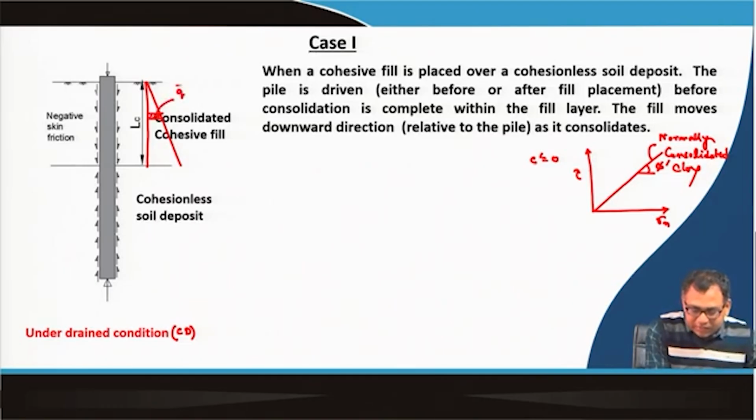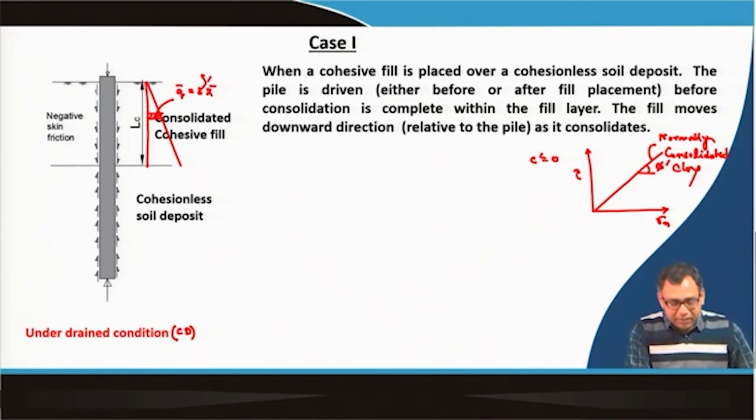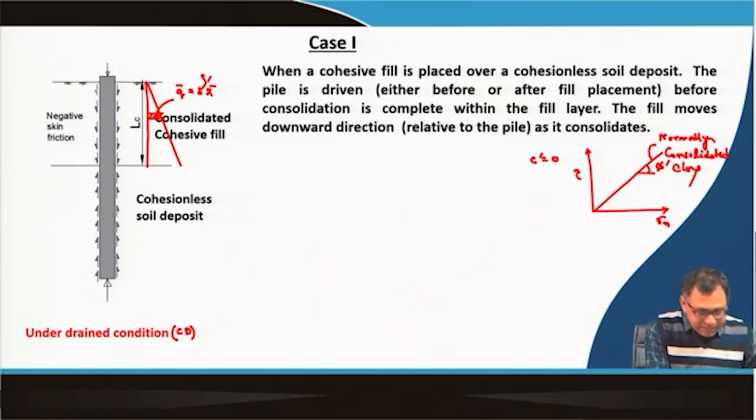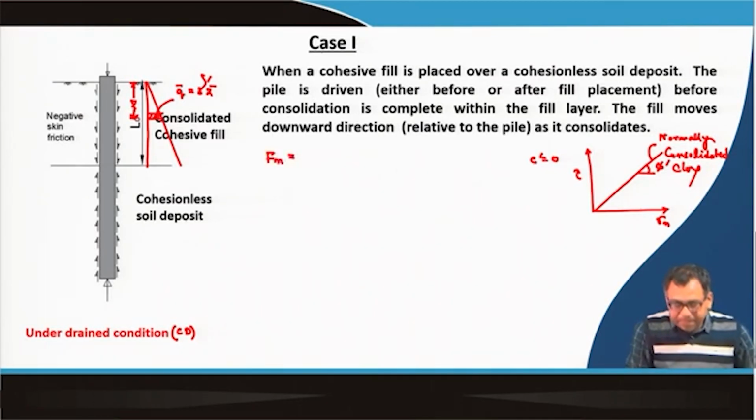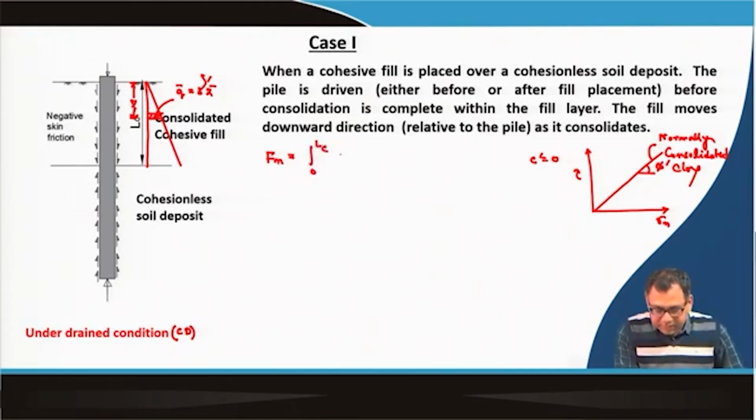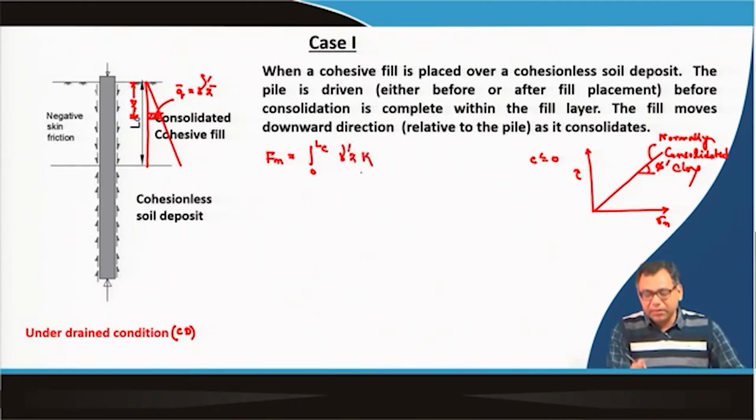Suppose this is q bar, which is equal to gamma dash into z, where gamma dash is the effective unit weight and z is at any distance z. So the skin friction will be integrated from 0 to L_C. This is gamma dash into z, which is the vertical effective overburden pressure.